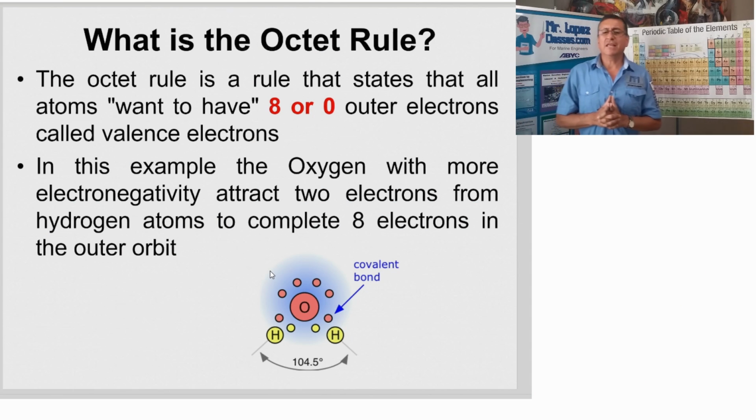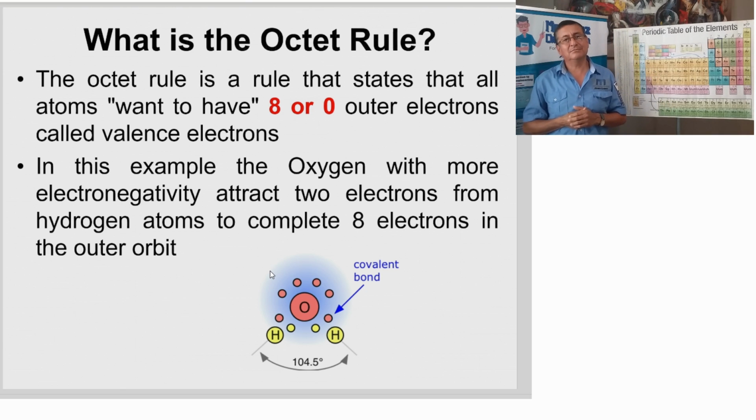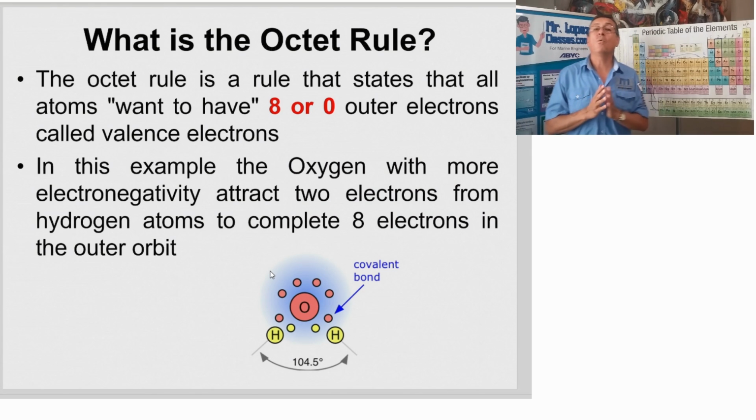The Octet Rule states that all the atoms want to have 8 electrons or 0 in the outer orbit, or valence orbit. All the elements try to complete 8 electrons in the last orbit or 0. That's the Octet Rule, and I am going to explain right now what happens in that case.